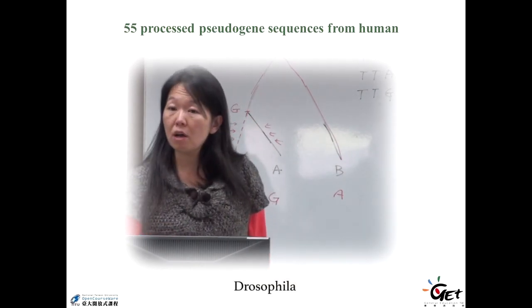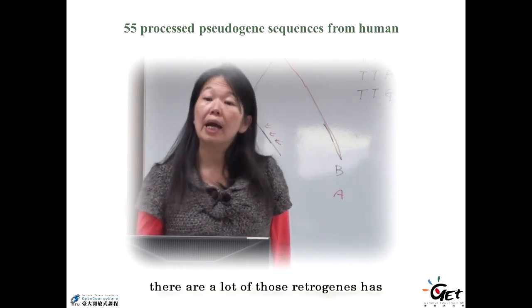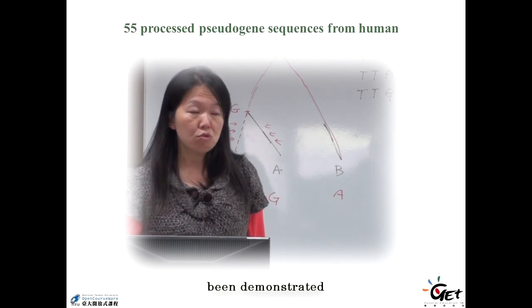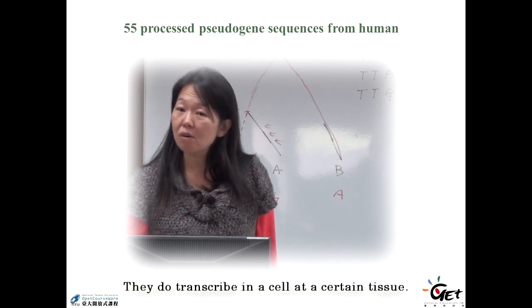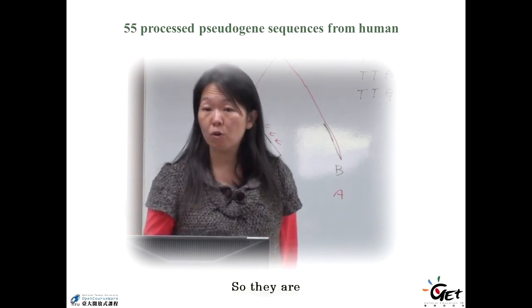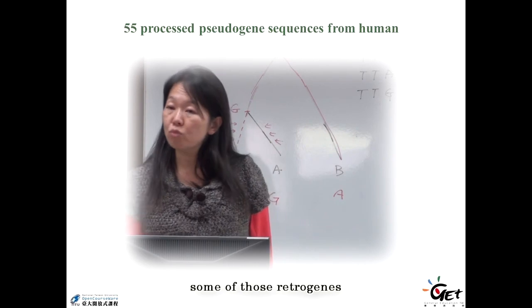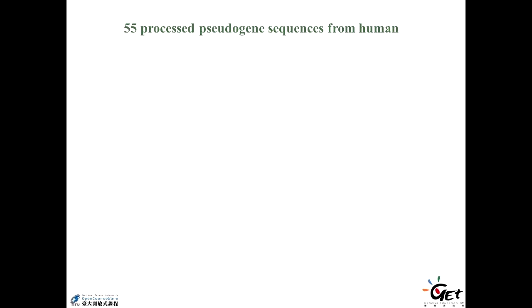At least in Drosophila, there are a lot of those retrogenes that have been demonstrated. They do have transcription products. They do transcribe in the cell at a certain tissue. So some of those retrogenes have tissue-specific expression.